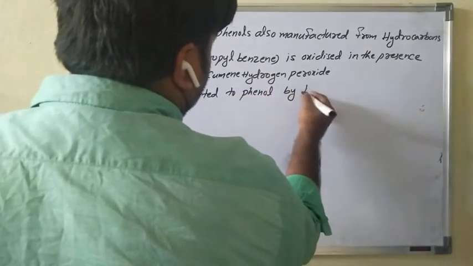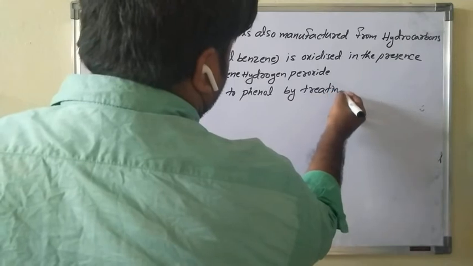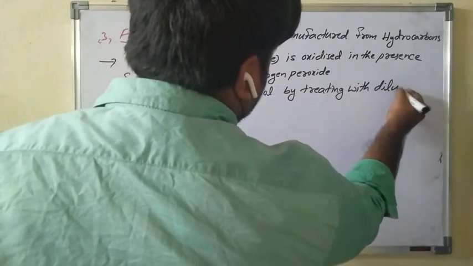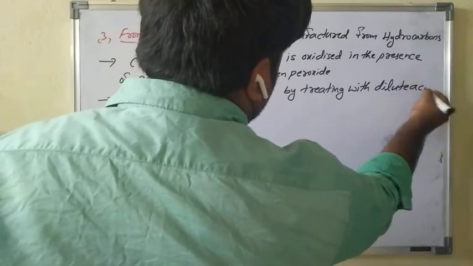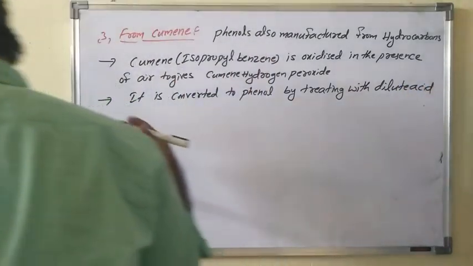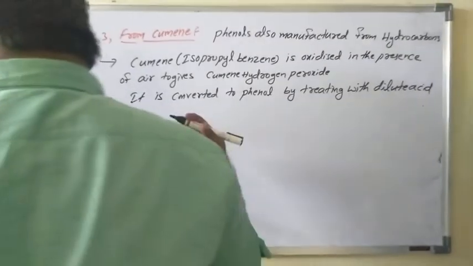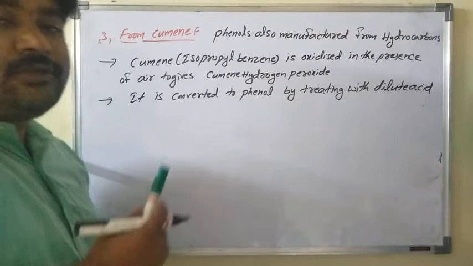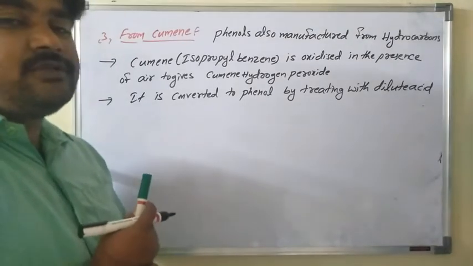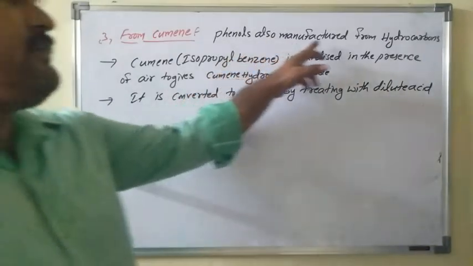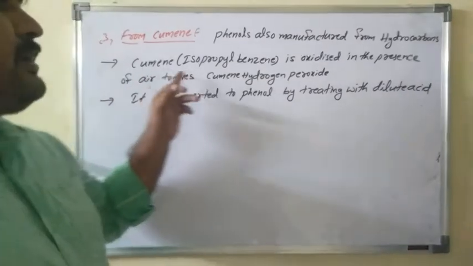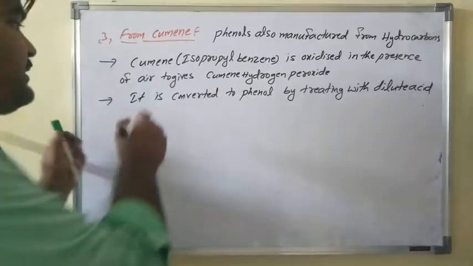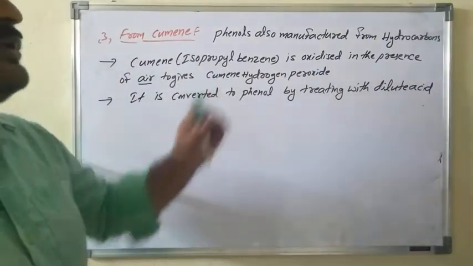Acidification, that means dilute acid. Acidification means what? Acids, dilute acid. So during this preparation method, acetone is also produced. Large quantity of acetone is also produced. So phenol is also manufactured from hydrocarbons. So cumene is oxidized in the presence of air to give cumene hydrogen peroxide.